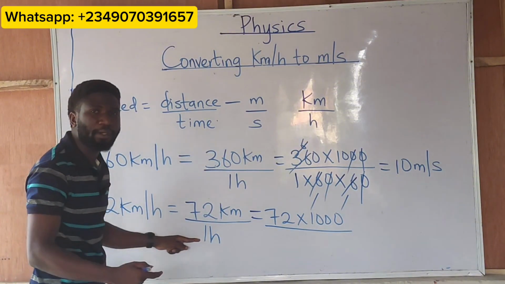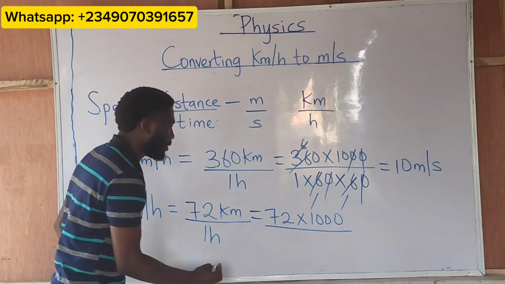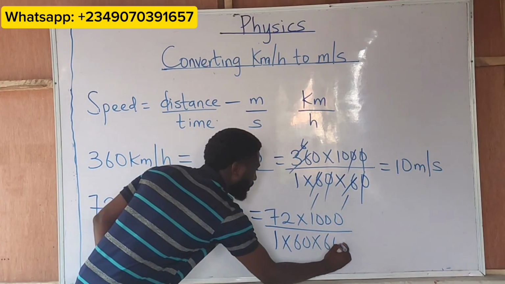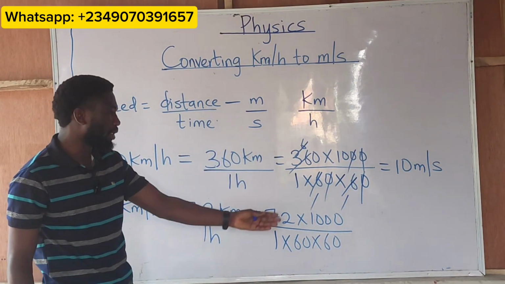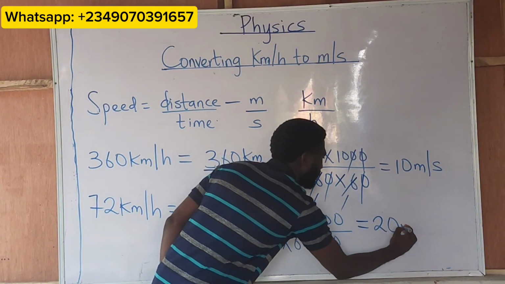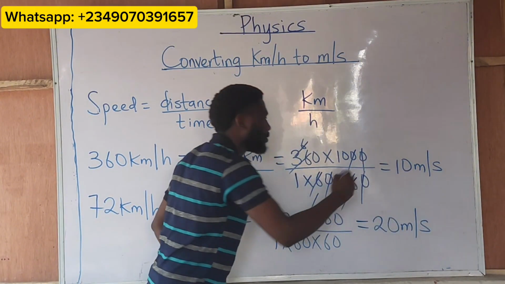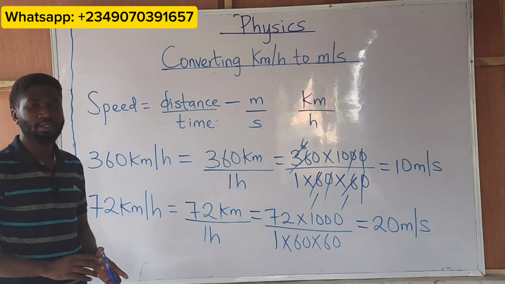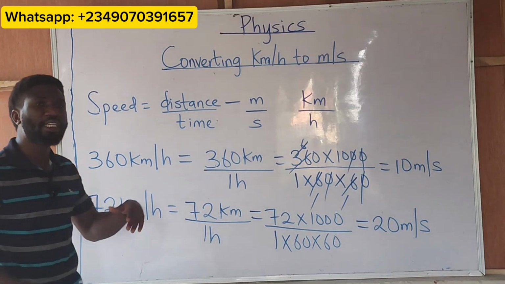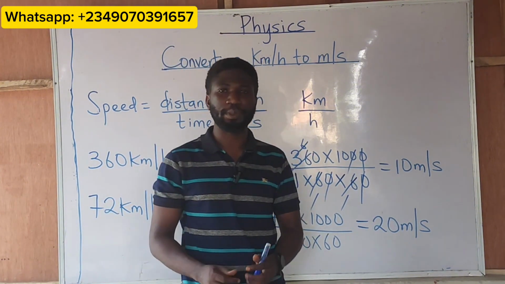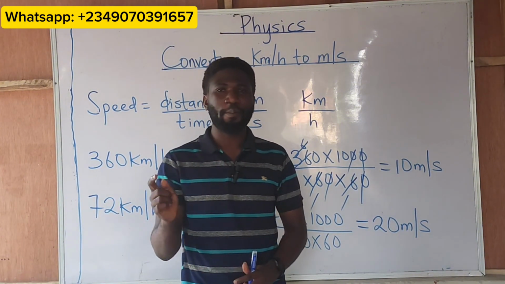So changing 1 hour to seconds, that will be 1 multiplied by 60 multiplied by 60. So if you do well to punch your calculator, you are going to have 20 meters per second. I believe you are clear with that. So this is how we change kilometer per hour to meter per second using the conventional method.